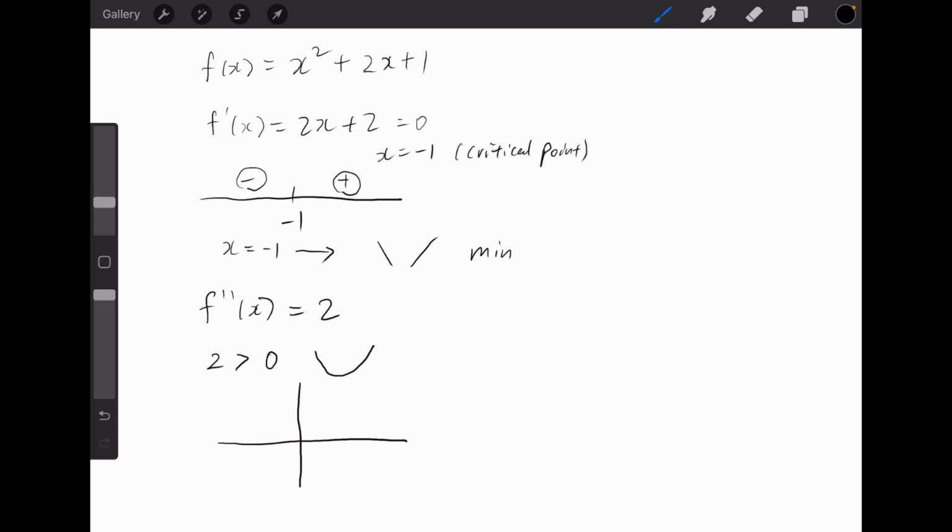So I have my minimum at x equals -1, and if I plug -1 into the initial function f of x, I would get 1 minus 2 plus 1 equals 0. Therefore, I know that the vertex of the function is at -1, comma 0. And because it's concave up, it's likely to look like this.